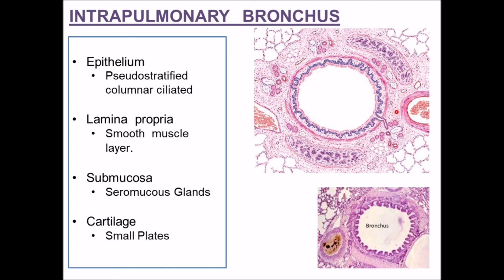In between the plates of hyaline cartilage, the submucosa is continuous with the adventitia. The outermost layer is adventitia, which is occupied by connective tissue fibers, blood vessels, nerve endings, and a small amount of adipose tissue.